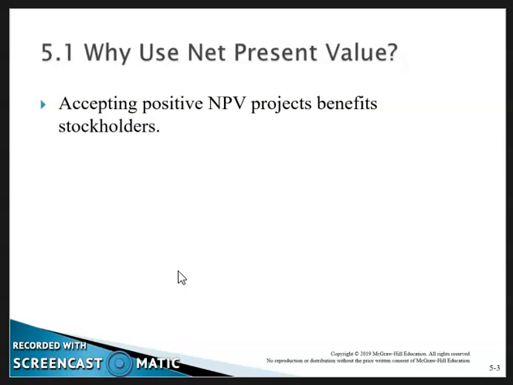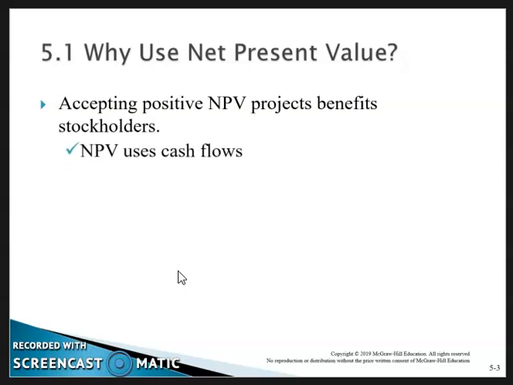So if the return on that project is greater than that cost of capital, then it increases the value of the firm. So that's why a negative NPV project would reduce the value of the firm.